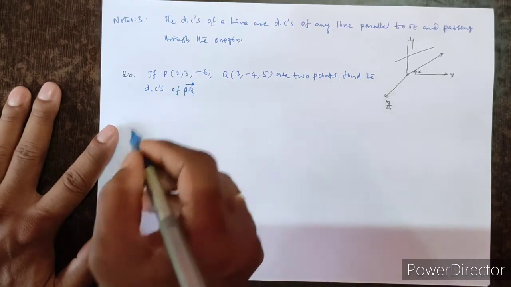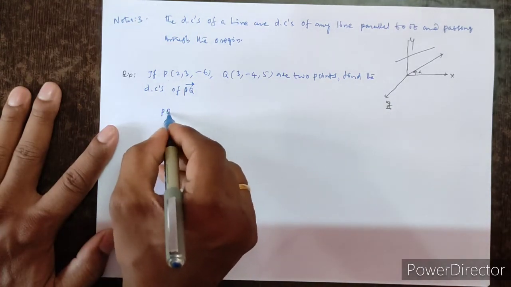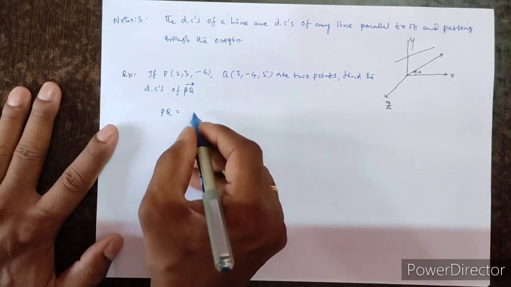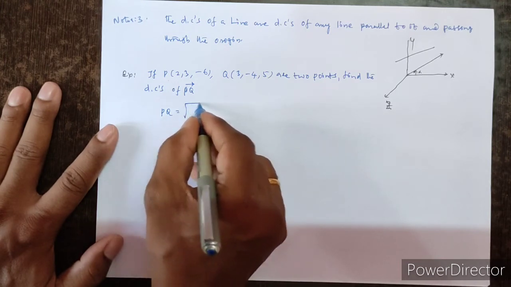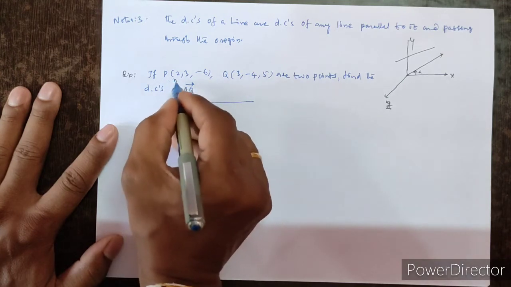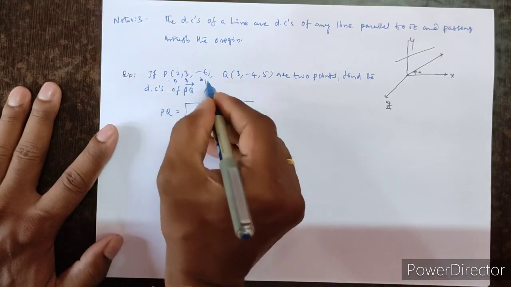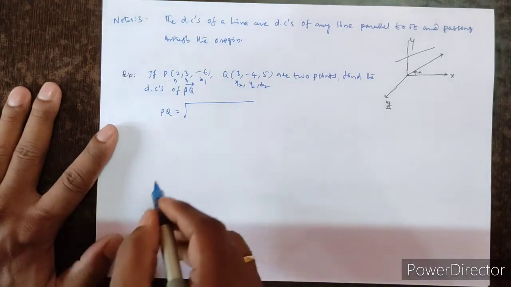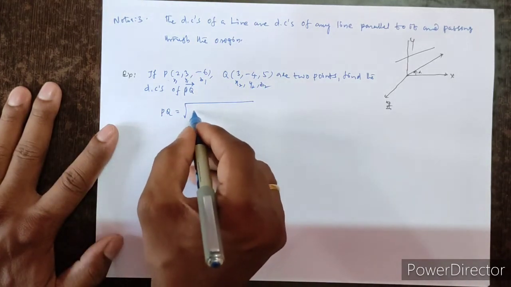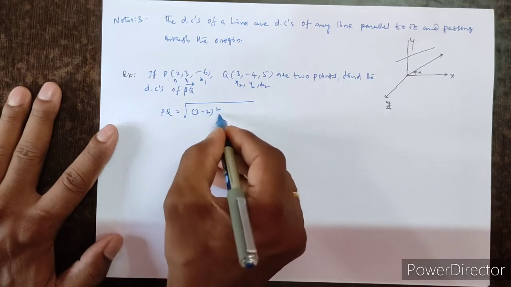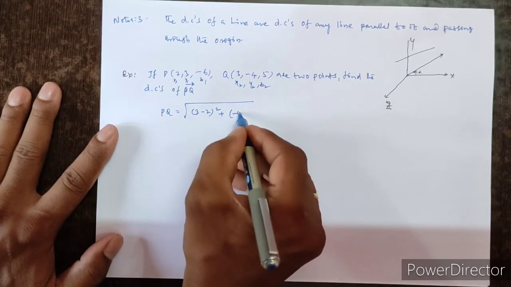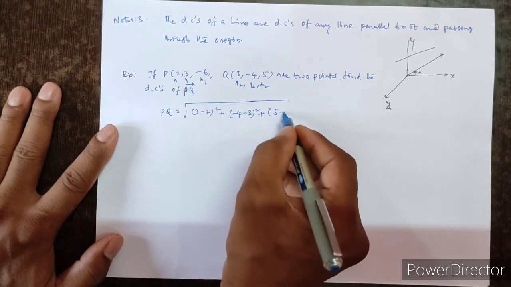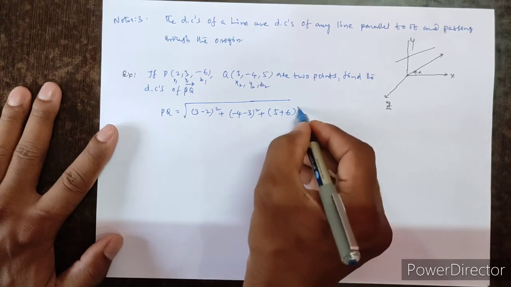PQ is the distance between the points, x2 minus x1, 3 minus 2 whole square, plus minus 4 minus 3 whole square, plus 5 minus of minus 6 whole square.